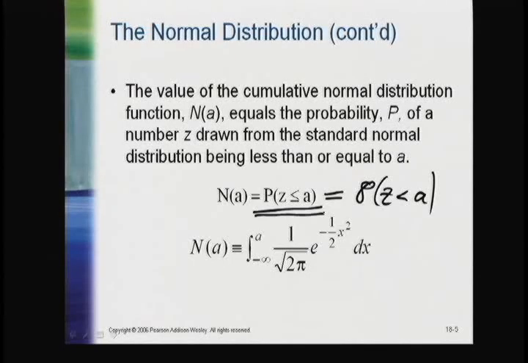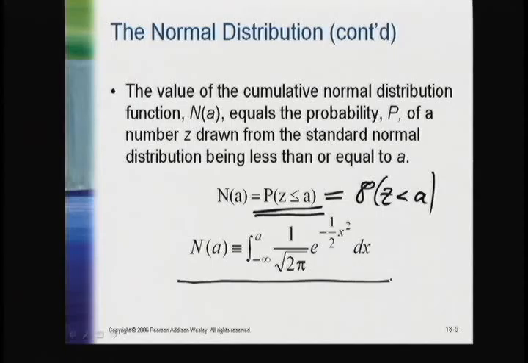And of course, for the normal, it's simply the integral from minus infinity to the value a of the probability density function. And these are precisely the values that one sees in tables, although I should correct that.